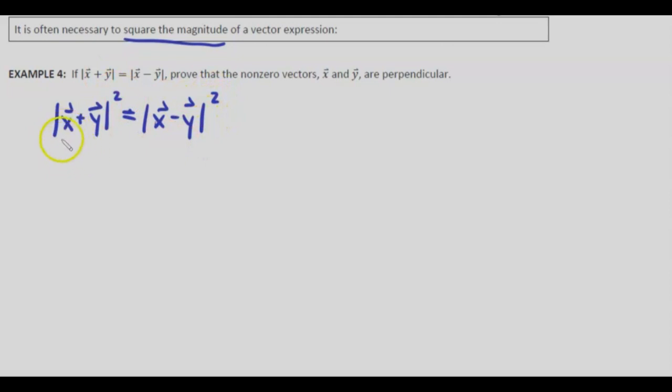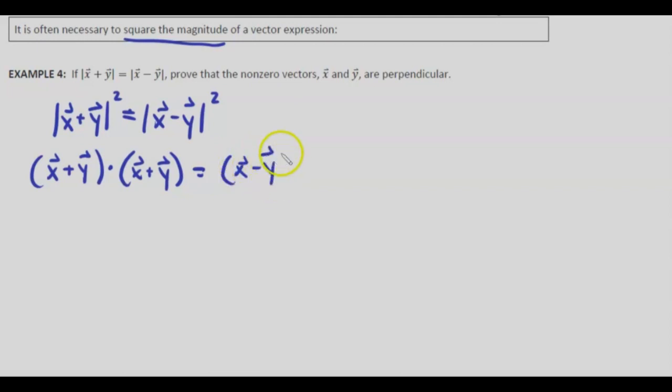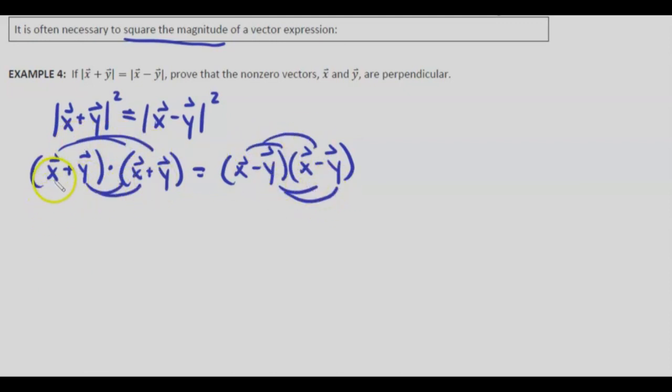Okay, so in other words, what we're going to be doing is vector x plus vector y dot vector x plus vector y, right? Because that's squared. And now vector x minus vector y times vector x minus vector y, because again, squared. So let's go ahead and distribute or FOIL. Okay, so now I'm going to do this the long way here.